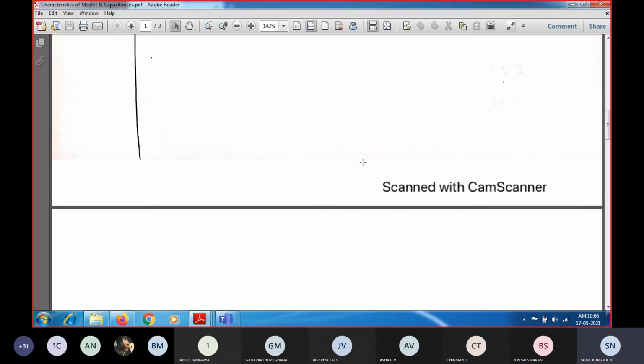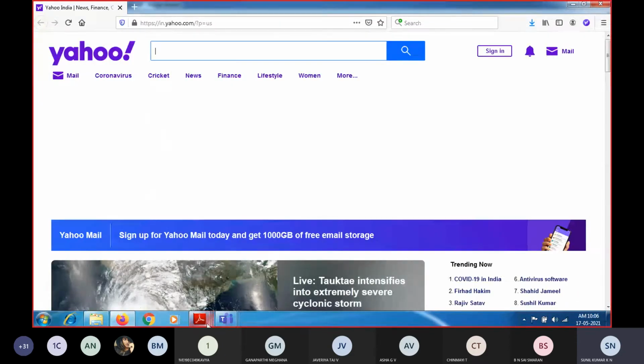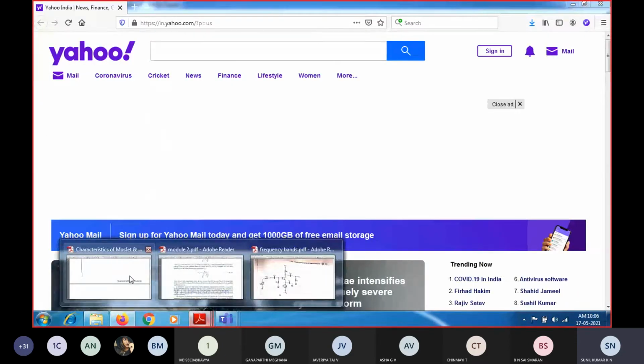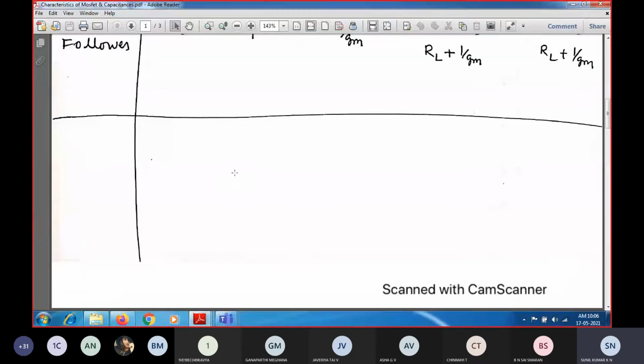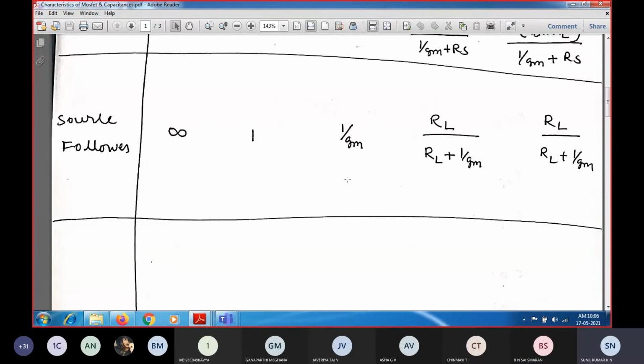At the lower frequency band, if the frequency of the input signal is low, or if the frequency of the input signal is very high, then also the gain is going to get deviated. Because of that, we can say that the gain is dependent upon the frequency.